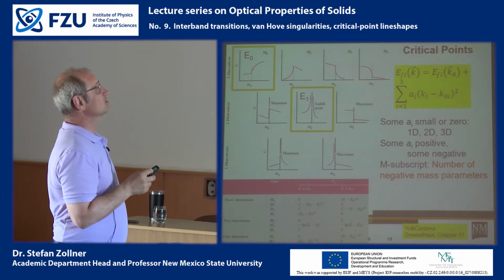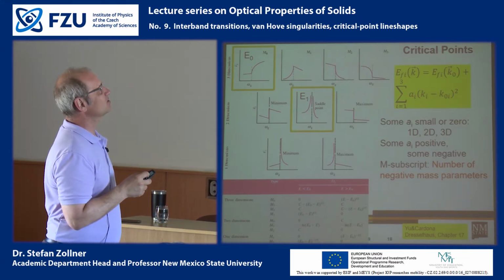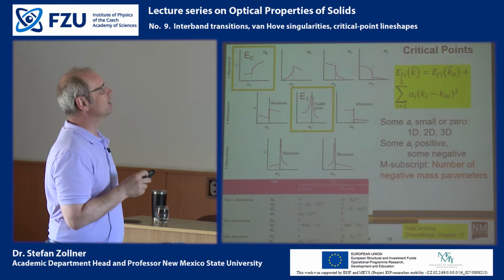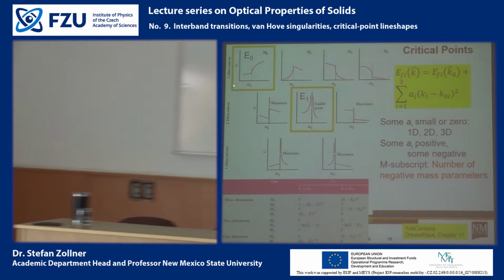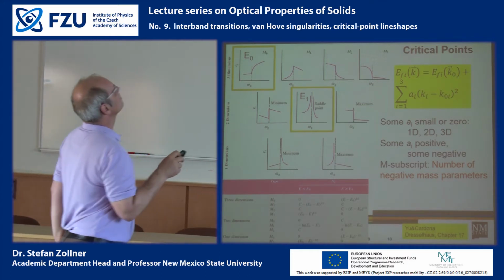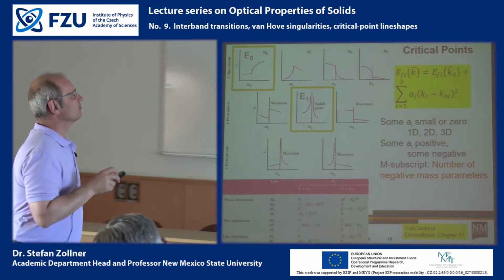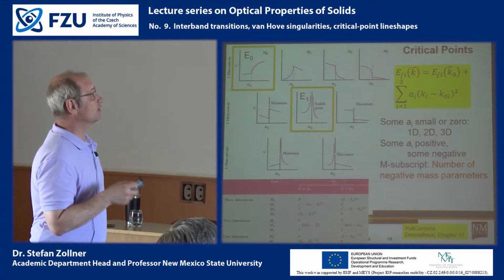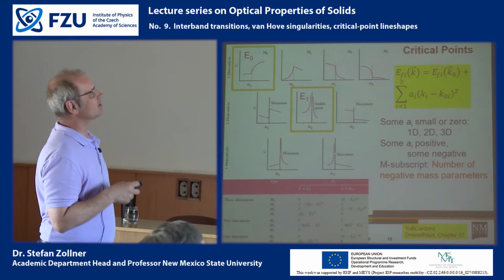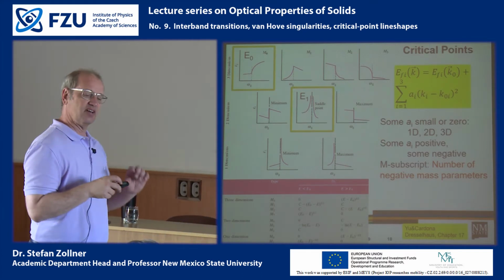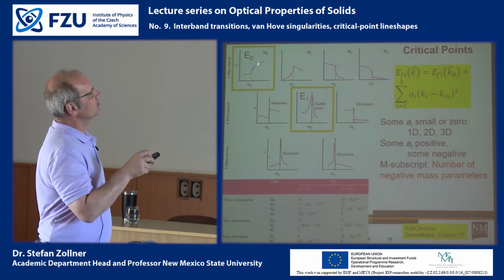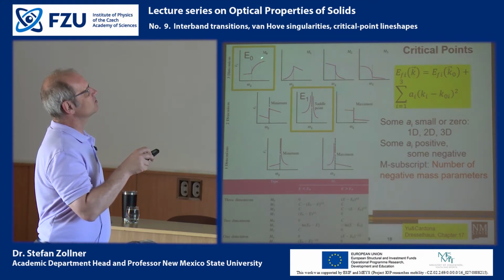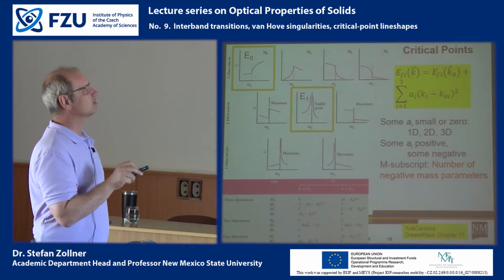There are other things that can happen based on the dimensionality. I'm plotting here the absorption coefficient epsilon 2, but sometimes, because of a variety of other effects that we'll talk about later, there can be a mixture of the real and imaginary parts. So even though this looks like an imaginary part, this might be something that we actually see in the real part.